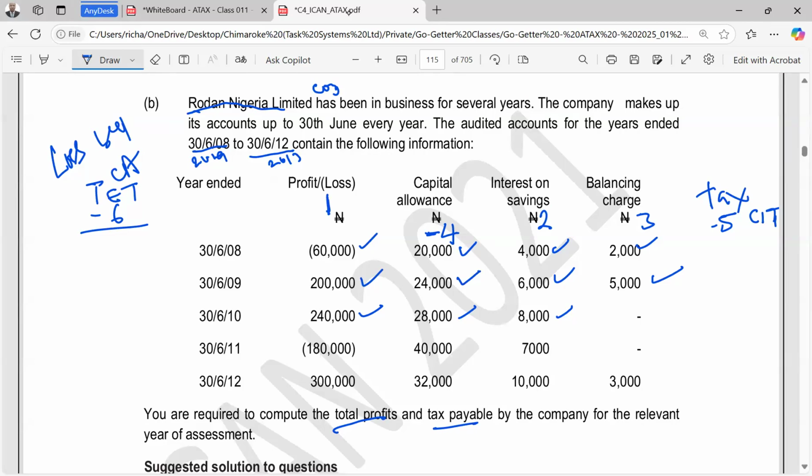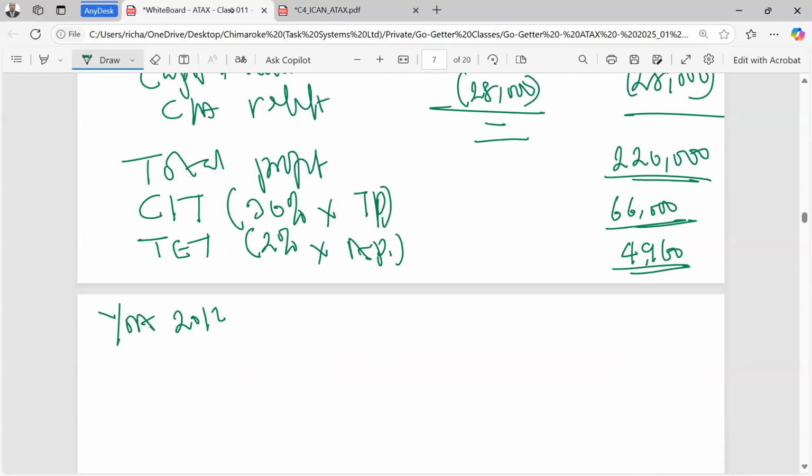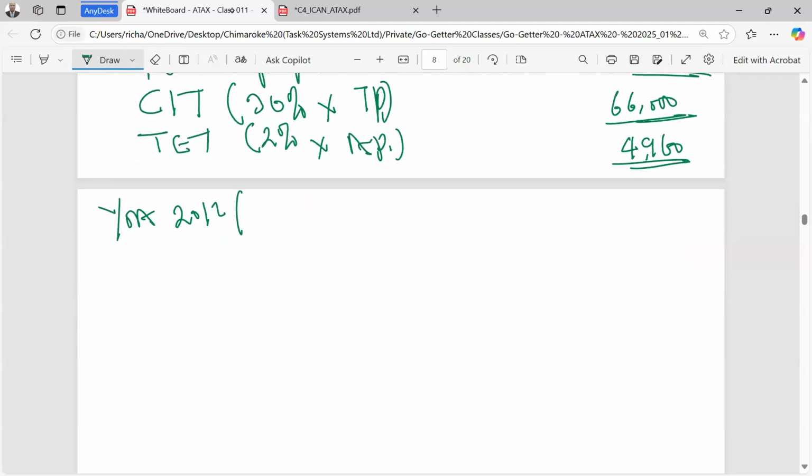So that is how you do it. For 2012, we have a loss. So let's do that. Year of assessment 2012. So it's going to be from July 1, 2010 to 30th June 2011.